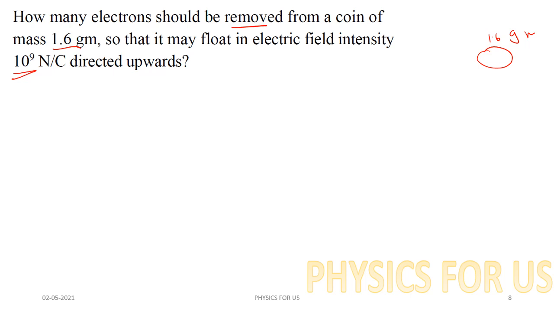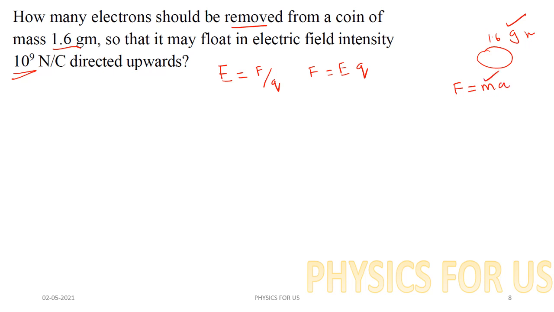As we know very well, the relation between electric field and electric force is E equals F by Q, so we can write F is equal to EQ. E is the electric field, Q is the charge, and here they gave mass. We know that F is equal to ma.